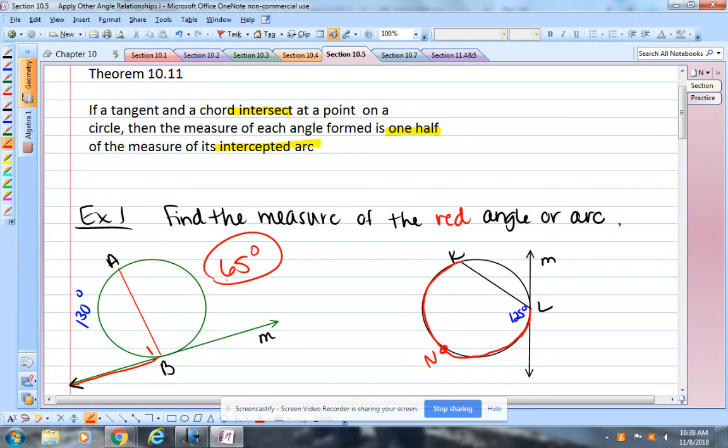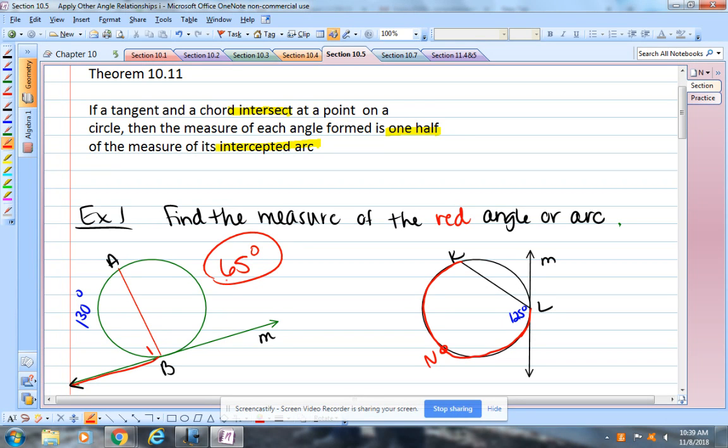The next one, they give us the angle measure and want us to find the measure of the arc. So how do you think we're going to find the arc measure? Because if it's half the measure of the arc, and we know the angle, to get the arc we have to double it.